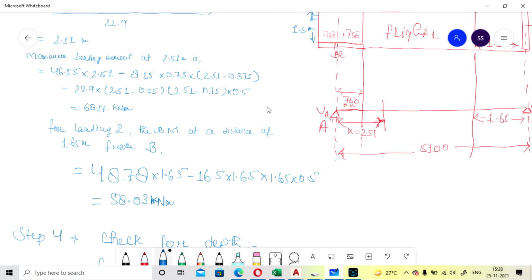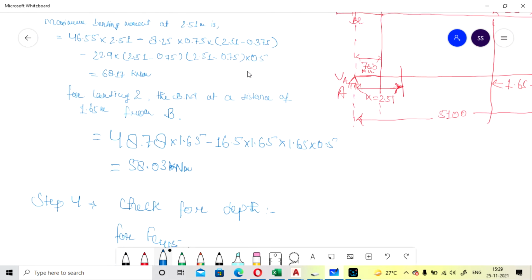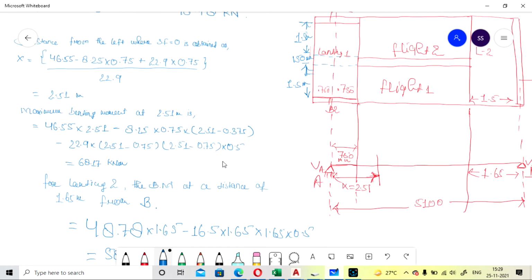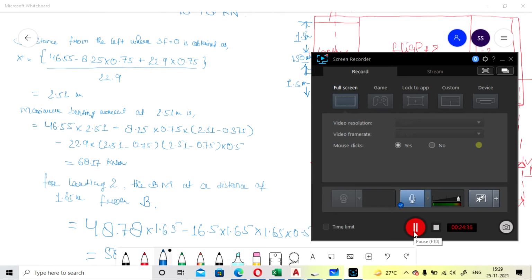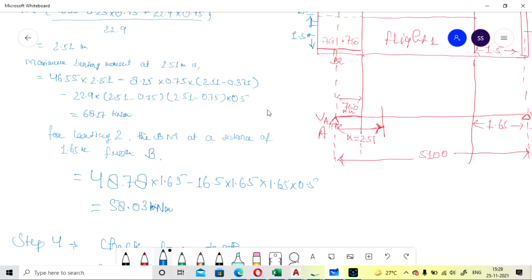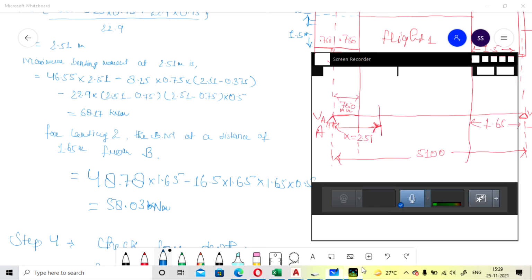So the maximum bending moment at 2.51 will come as 68.17 kilonewton meter, per meter width. We are considering per meter of width. And for landing 2, the maximum bending moment is at the distance.